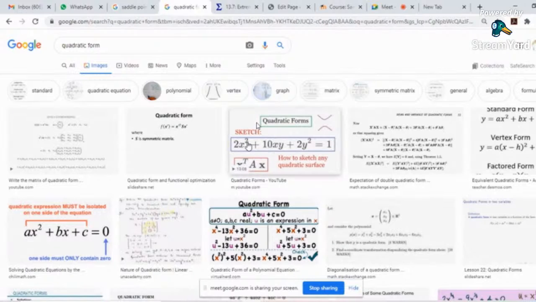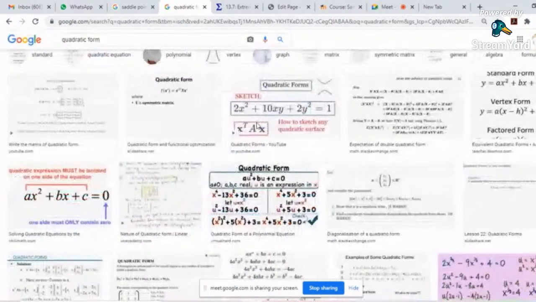You can see several quadratics, like 2x square plus 10xy plus 2y square equal to 1. This can be represented as a matrix.